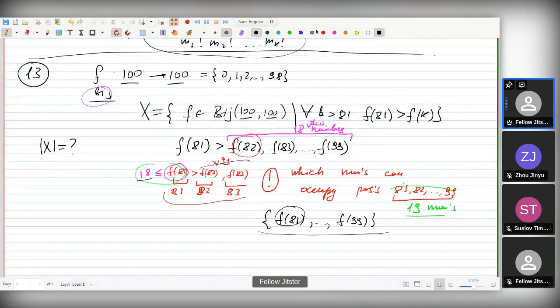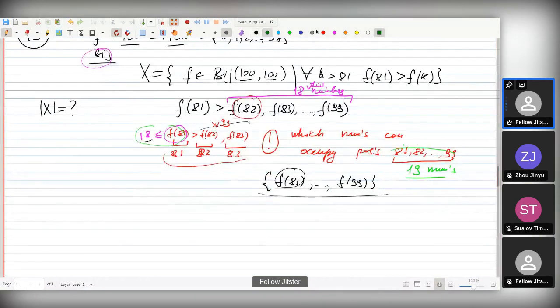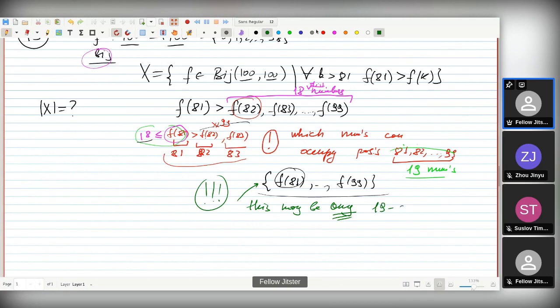But do we have a constraint on this set? The main idea here is that we have absolutely no constraint. The main idea is as follows. This may be absolutely any 19-element subset of our set 100 underlined.